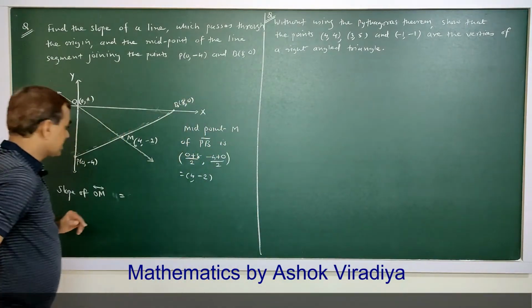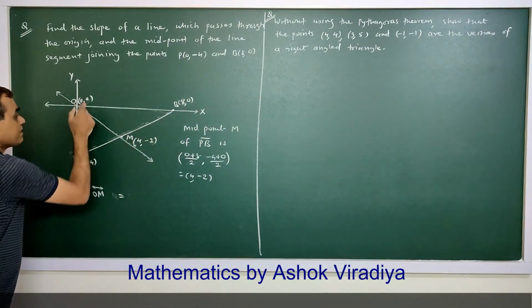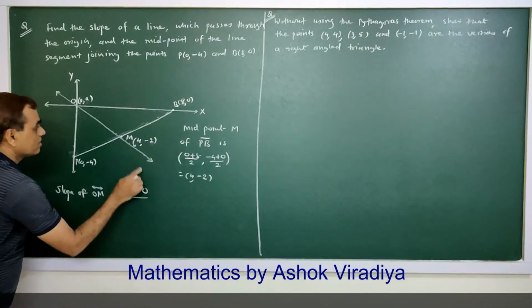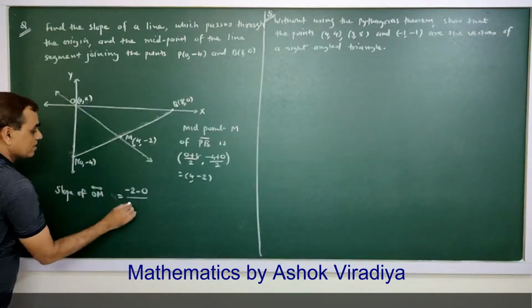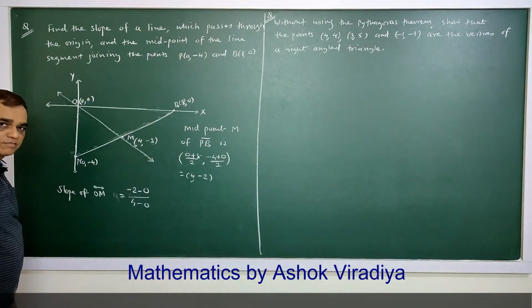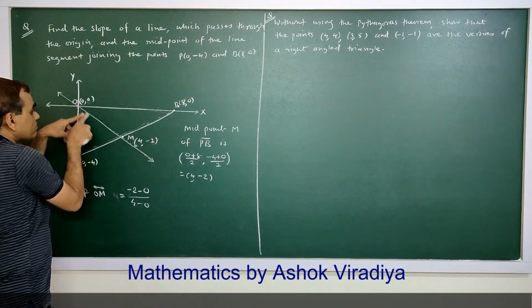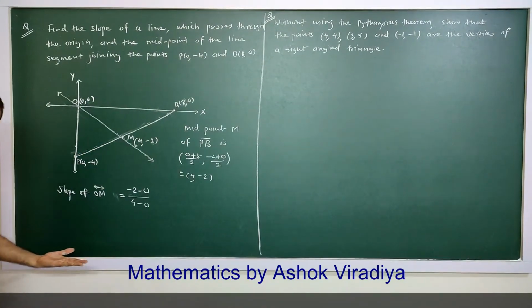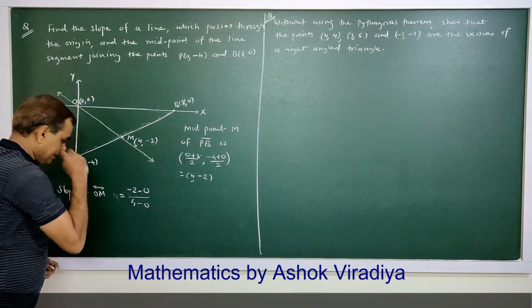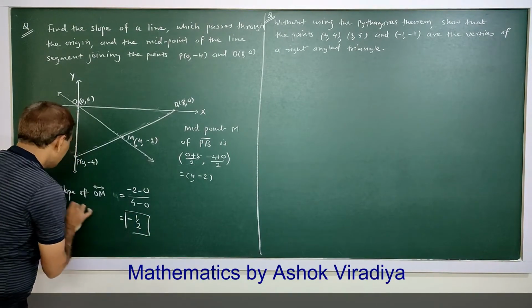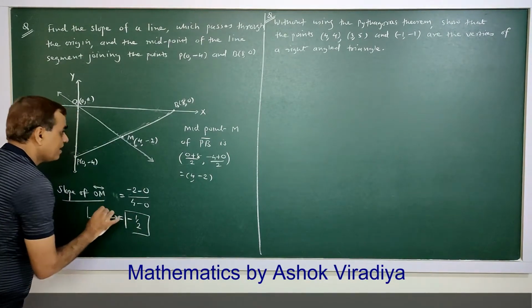Here, slope is -2 minus 0 upon 4 minus 0, and the value will be the same either way. It is equal to -1 by 2. So this is the slope of the required line.